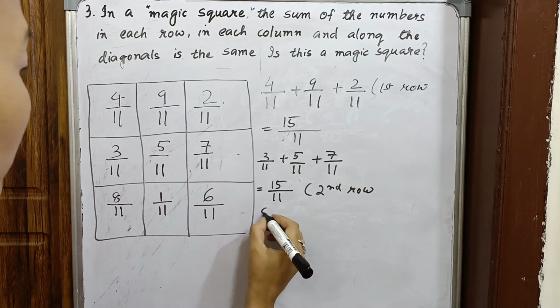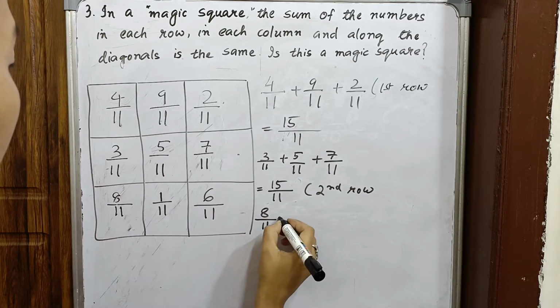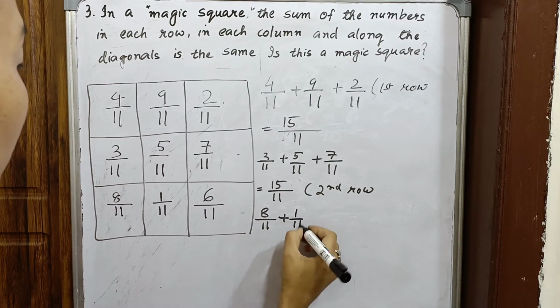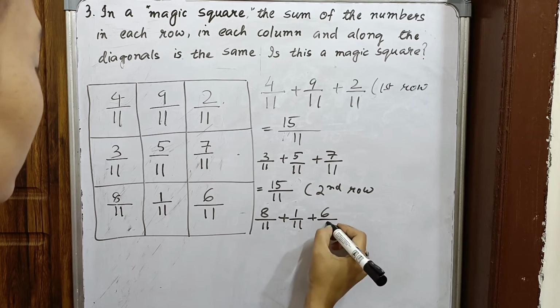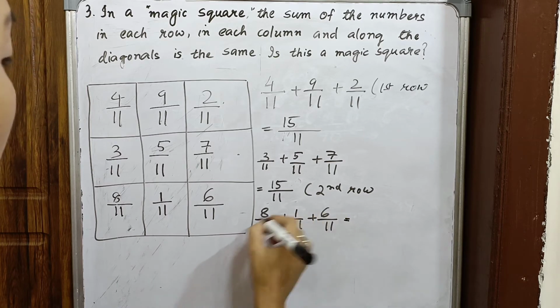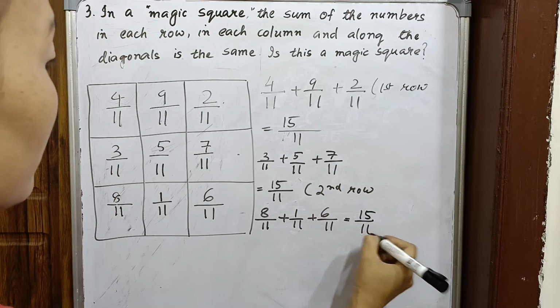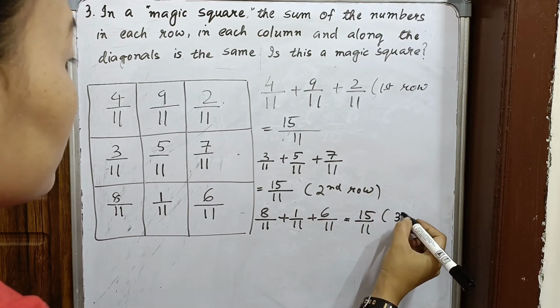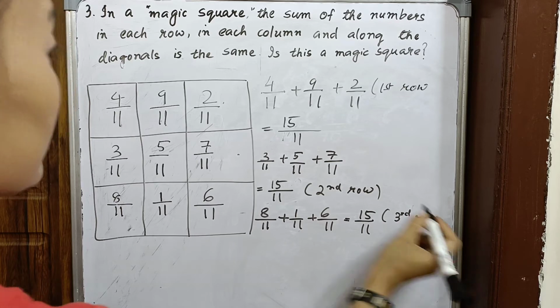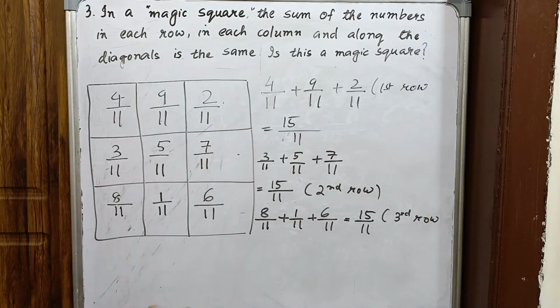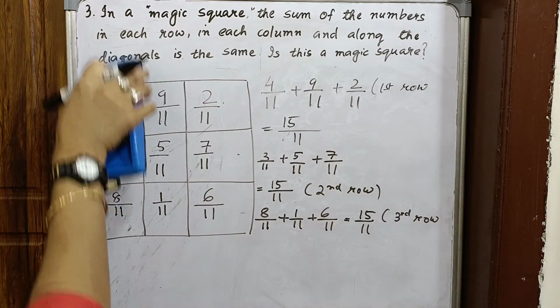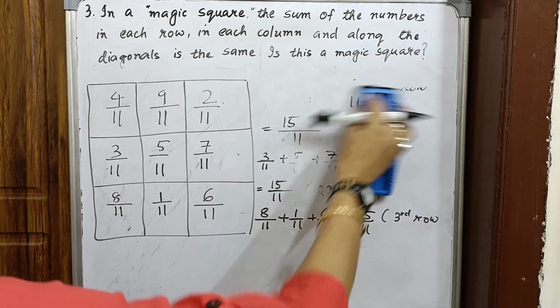And in the third row, 8 by 11 plus 1 by 11 plus 6 by 11, which is 8, 9, 10, 11, 12, 13, 14 and 15, which is 15 by 11 in the third row. Now we can see that first, second and third row, the answer is same. Now we will see if the answer is same along the columns.